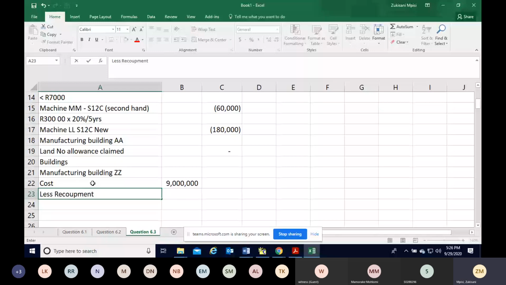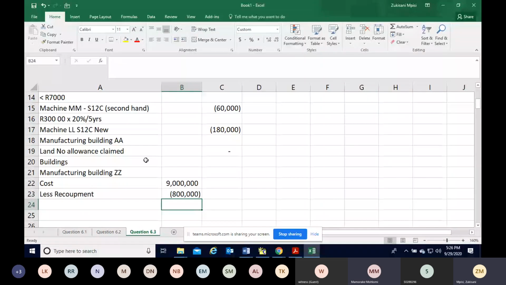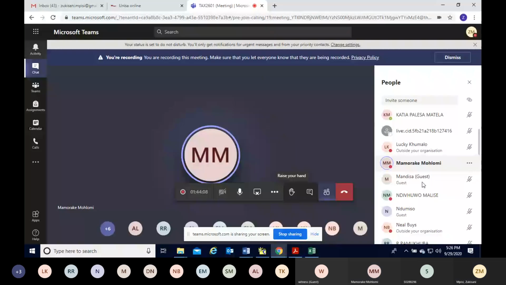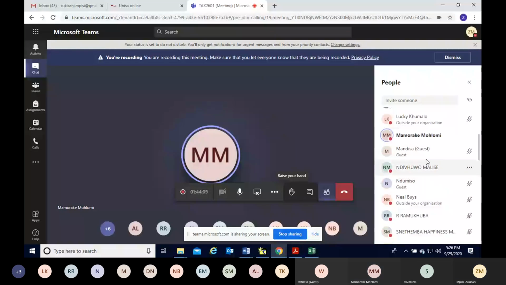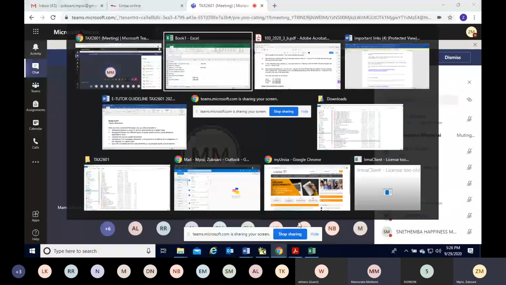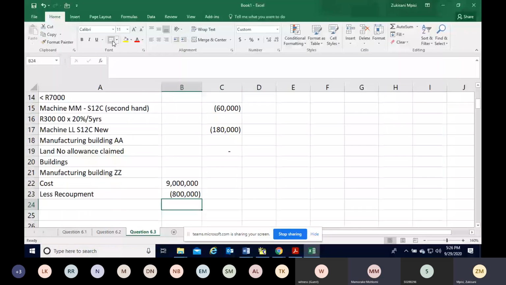So now we are saying you can use this recoupment to reduce the cost of the building.